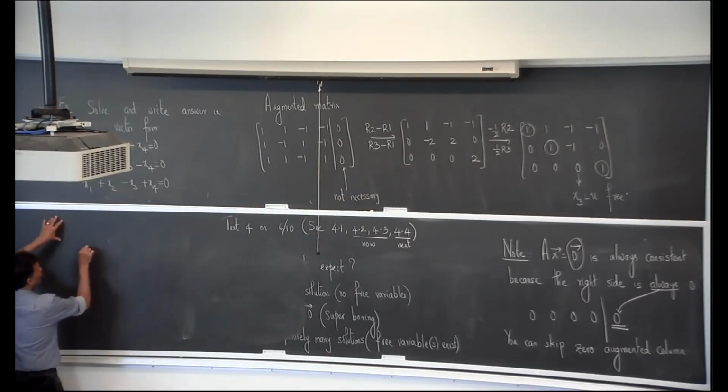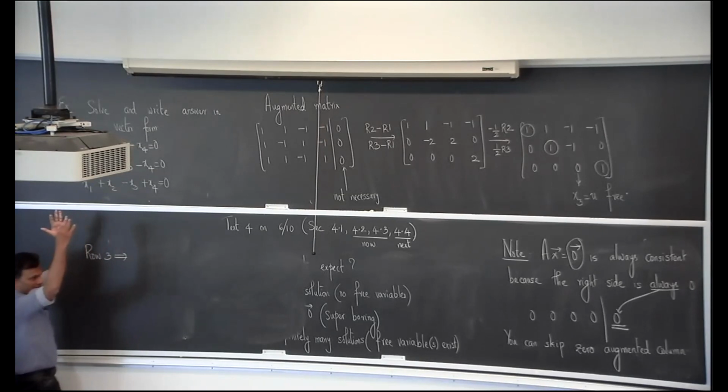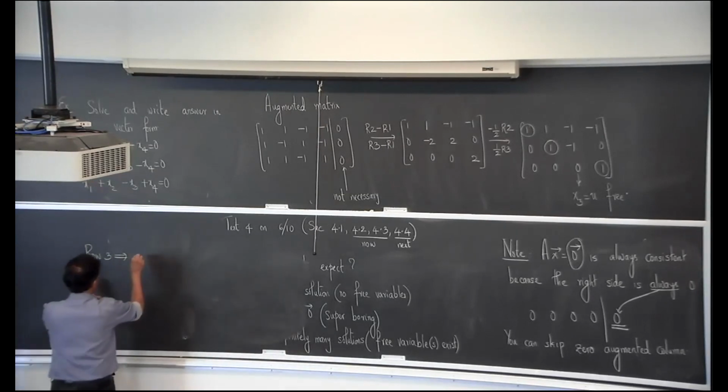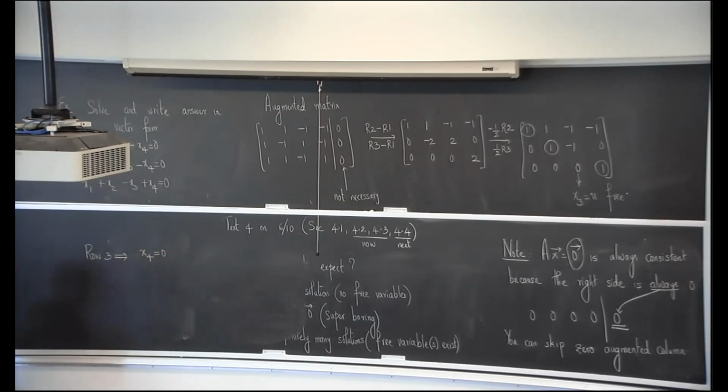All right, so what does row 3 give you? Now you're starting to solve it backwards. Okay. Remember that it's a homogeneous system, so the right hand side is 0. So what is the result of row 3? x4 equals 0. Just x4. I'm not saying the entire x equal to 0. x4 equal to 0.